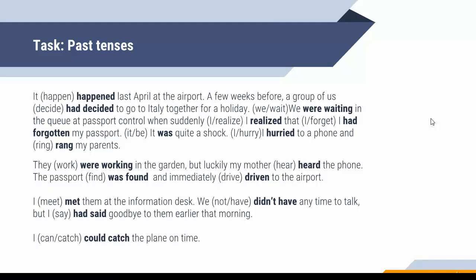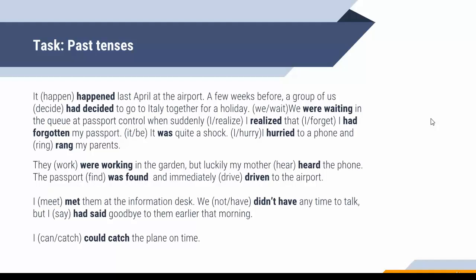If something is happening at the moment and it is taking a period of time, yes, past continuous. We were waiting in the queue at passport control when suddenly, so the first action was in progress, we were waiting, it was interrupted. We realized, while we were waiting, that I had forgotten my passport.